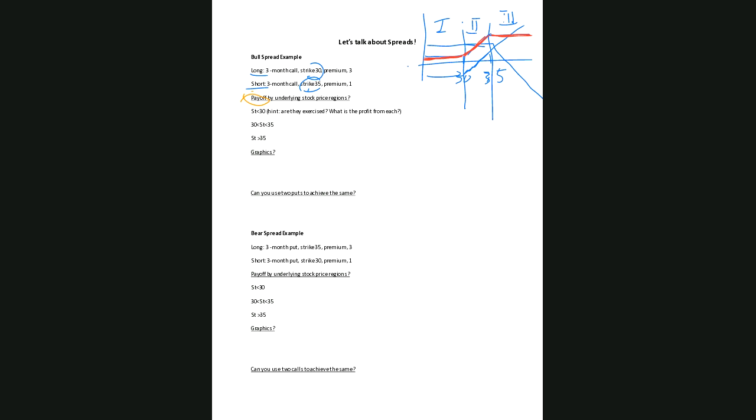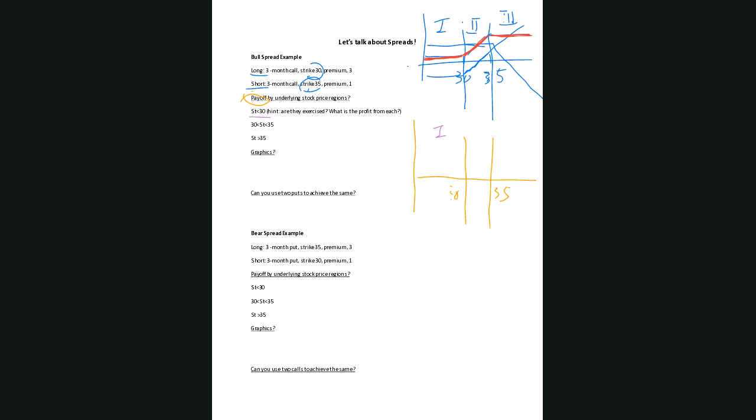So if you're just looking at the payoff line, then in the first region, since nothing is going to be exercised when ST is less than 30, neither of them is exercised, so the total payoff is really just 0.